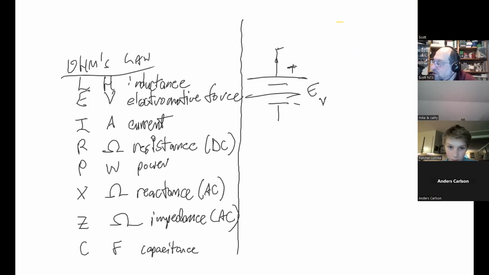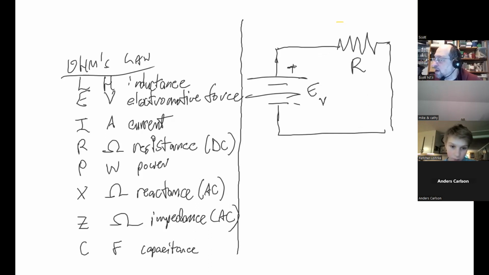So what we do now is we add this thing called a resistor. A resistor is a device that resists the flow of current. And a resistor has something called resistance, which is a measure of how much it fights back against the flow of current.